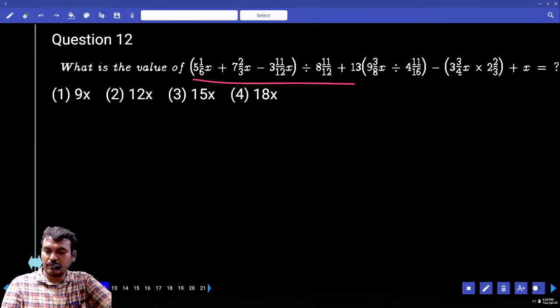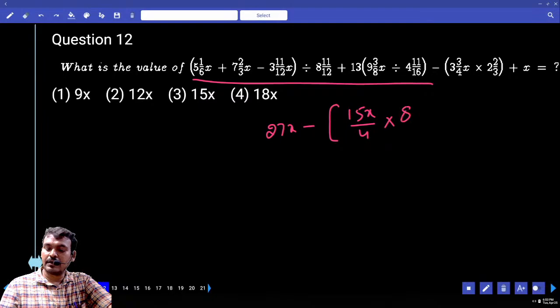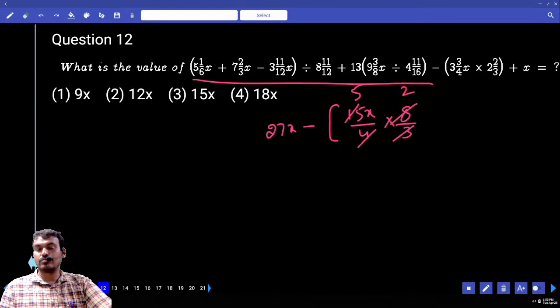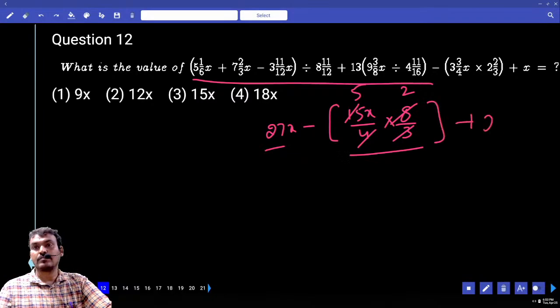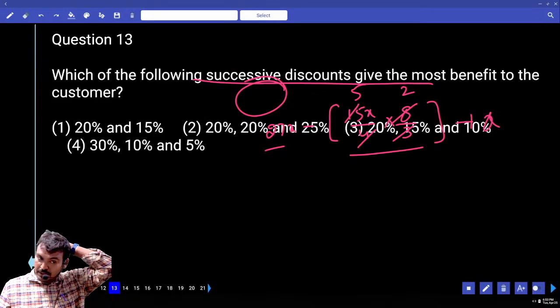This total value we are getting how much? 27x minus 3 3 by 4x 15x by 4 into 8 by 3. 3 how many times? 5 times. 4 how many times? 2 times. 5 to the 10x. 27x minus 10x 17x plus x. Total it is 18x.